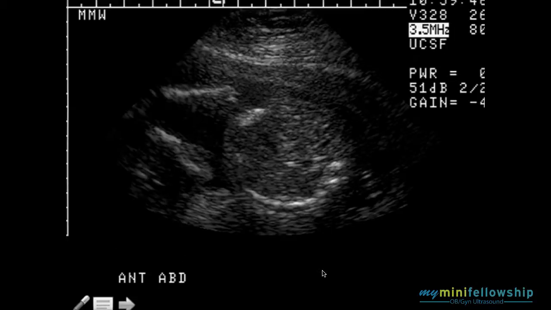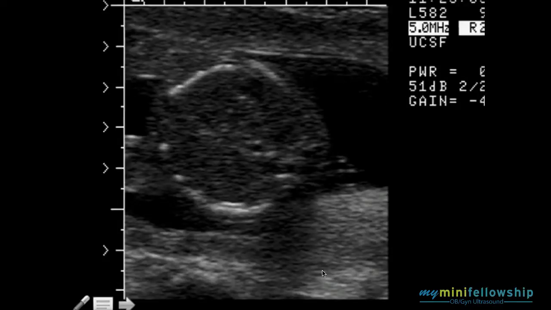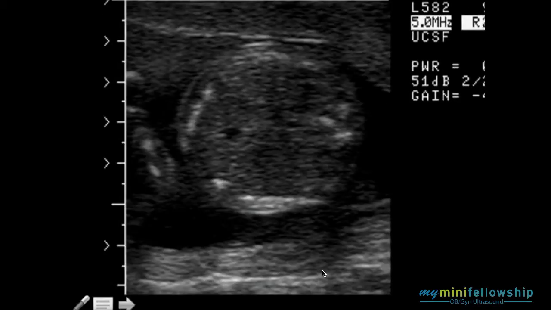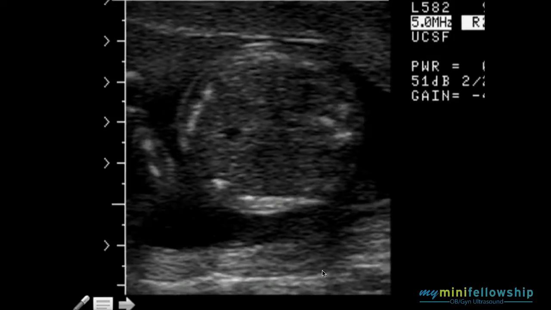Good. Now, I'm going to back up through the images slowly. Okay, we'll now go to the first image and you can comment on that.